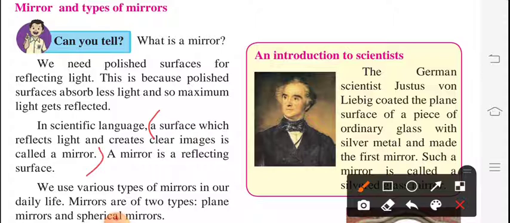Whatever surface light reflects on, such a type of surface is called a mirror. A mirror is a reflecting surface. As you see your image in the mirror every day when you check your face, that is part of reflection. That is why you observe your image in the mirror.